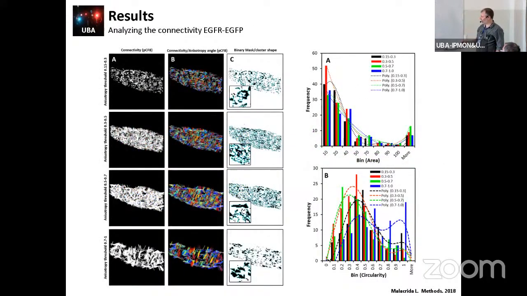And the other important thing is we can analyze the different levels of connectivities by the number of the anisotropy, and this enabled us to analyze clusters of diffusion and, taking advantage of image processing tools, we can also study the shape and the size and the distribution of these connectivity clusters that can be important in this case for the EGFR receptor.